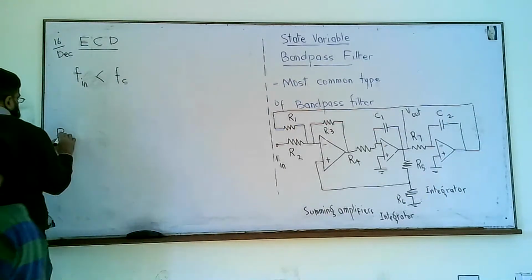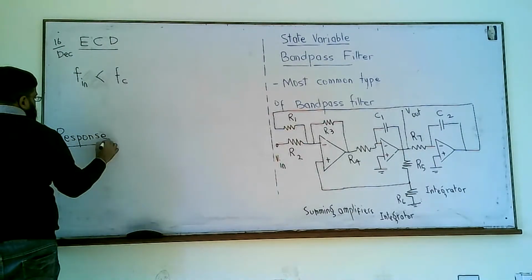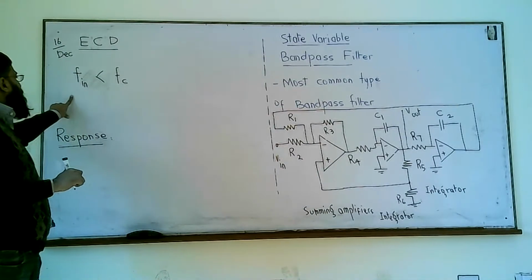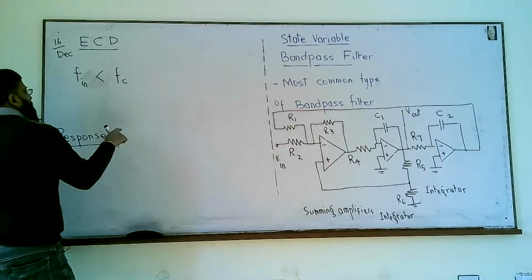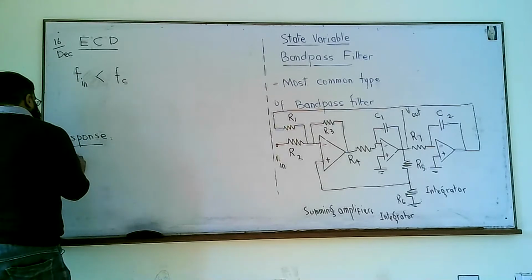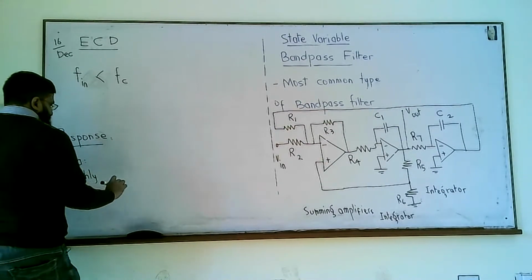Before we go ahead and find these three scenarios, Fin less than Fc, Fin equal to Fc, or Fin greater than Fc, we must have an idea of the roughly expected shape of the response.